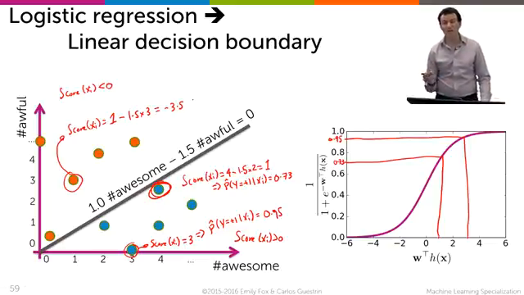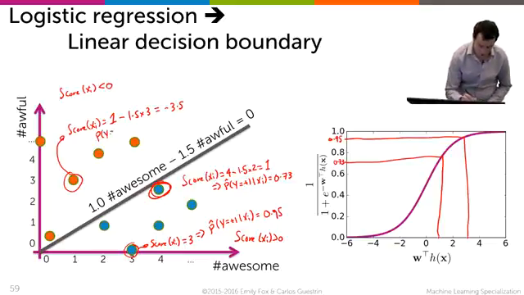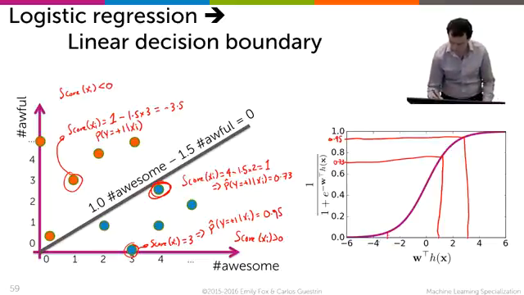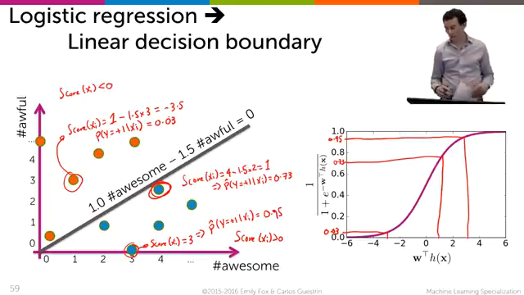We should be very sure that it's a negative example, so the probability that y equals plus 1 given this particular xi should be really low. You can see from the graph, and it turns out that the probability is 0.03 when you push it through the sigmoid. Extremely low probability. It makes sense. A review with 3 awfuls is just awful.